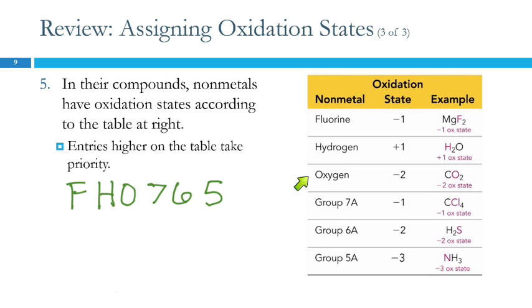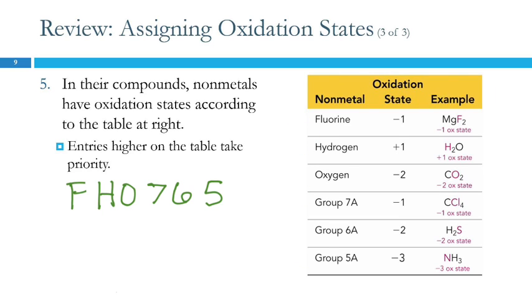How about oxygen? -2. The group 7, other than fluorine, are also going to have -1. Group 6, -2. Group 5, -3. So the oxidation states here are the charges that that nonmetal would have if it was an ion. We already learned those, okay? So the only thing we have to learn here is what order.